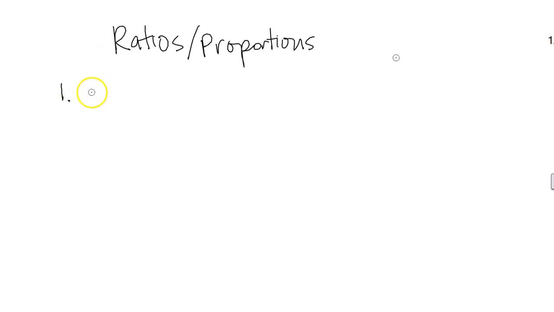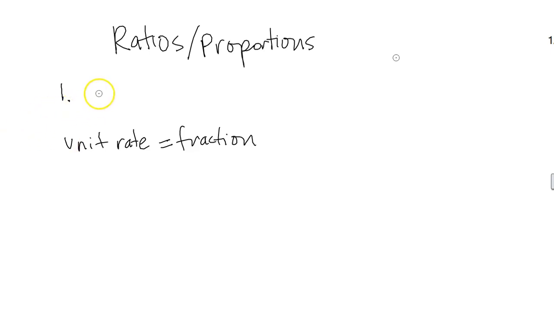So when you have a unit rate, what that means is it's almost like a fraction. So before I jump into number 1, I'm just going to say that a unit rate is like a fraction. There will be one type of variable or a piece of information in the numerator and some more information in the denominator.